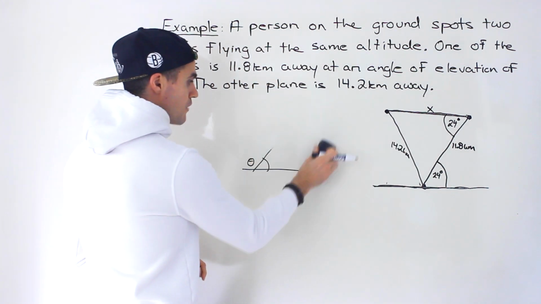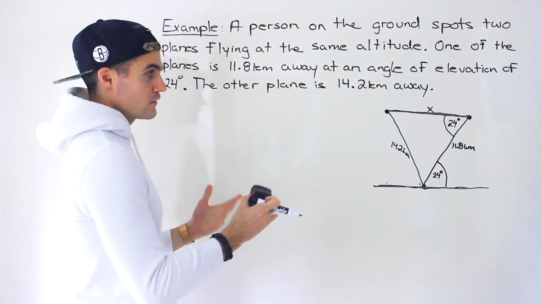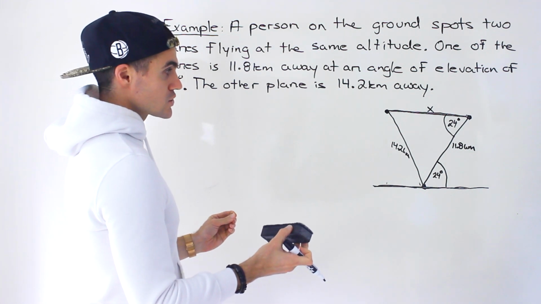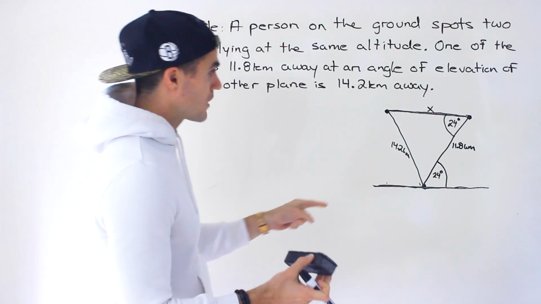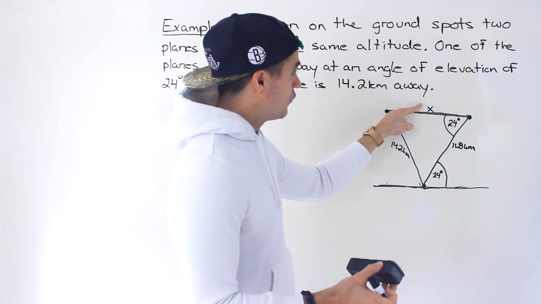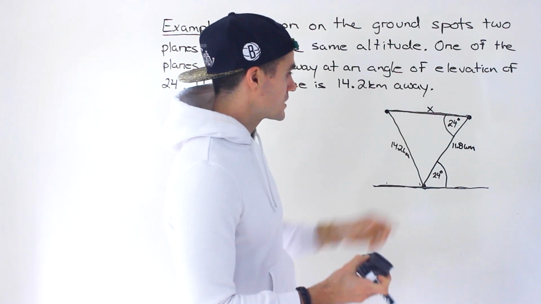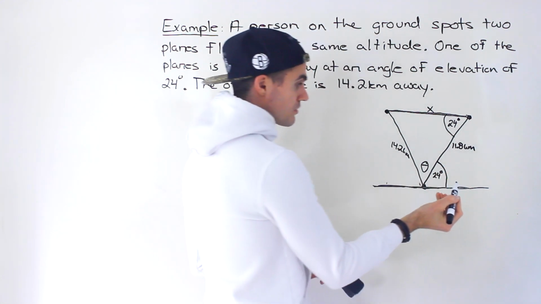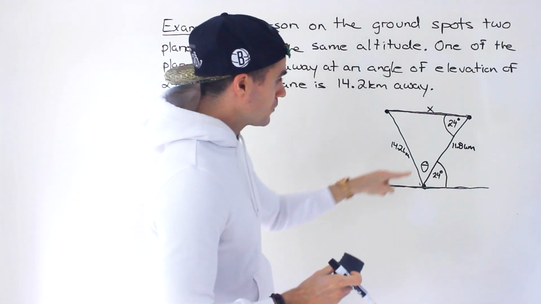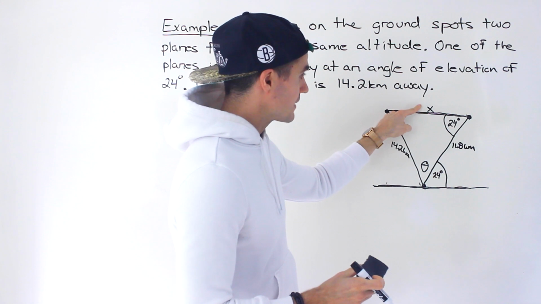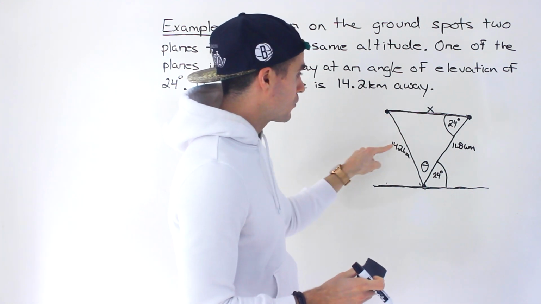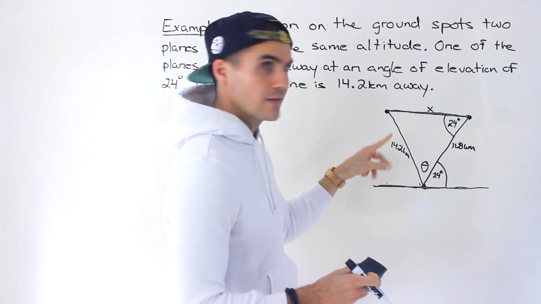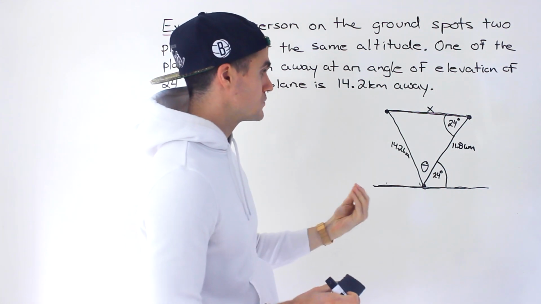And so from there, we now have more information in this triangle. Now, we can't directly solve for this side yet using the sine law because we need this angle over here. Let's call it theta. We would have to do sine theta over x equals sine of 24 over 14.2. And then we would have two variables, so we can't do that yet.